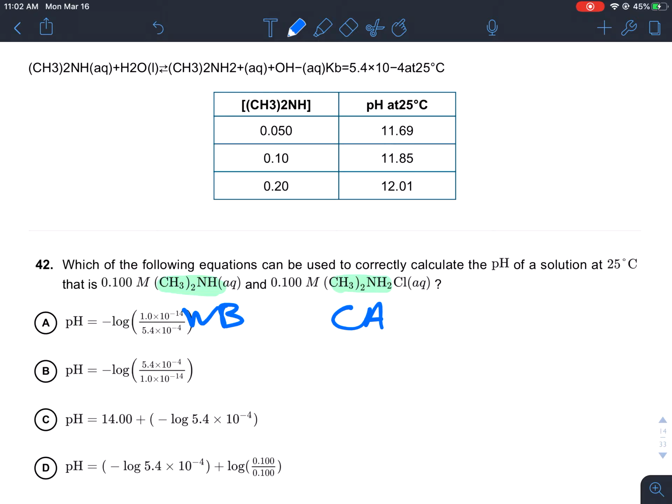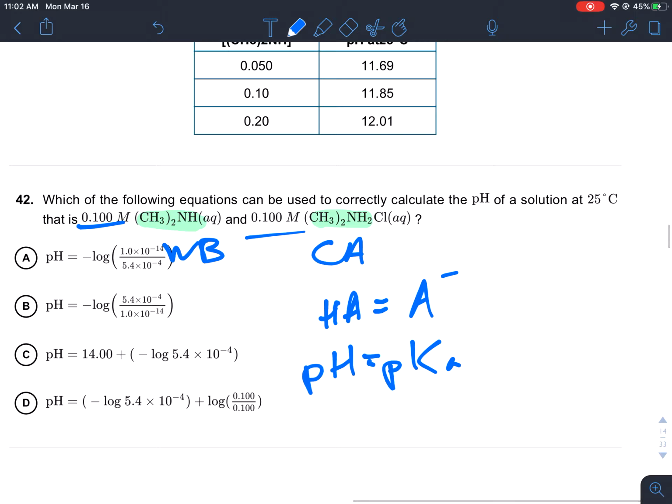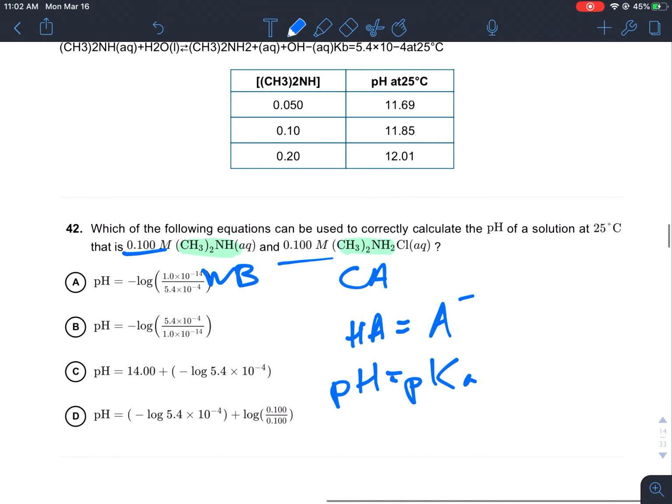We know that HA is equal to A minus, yes? 0.1. So using the Henderson-Hasselbalch, pH is equal to pKa. Okay?